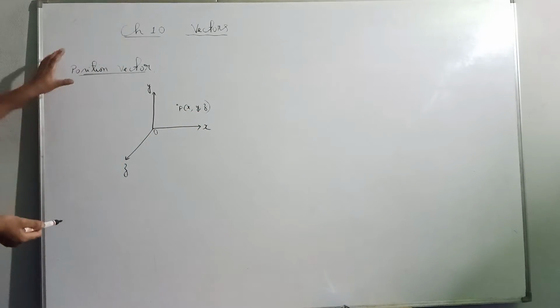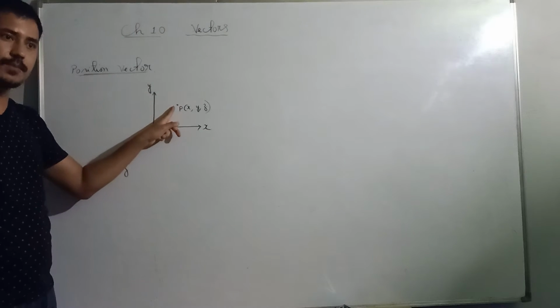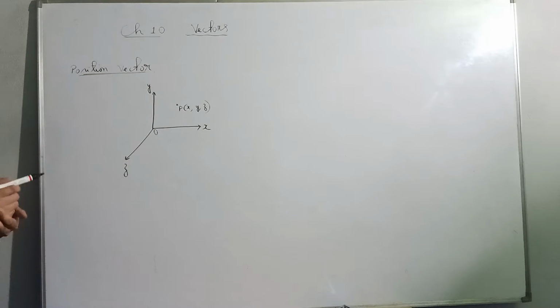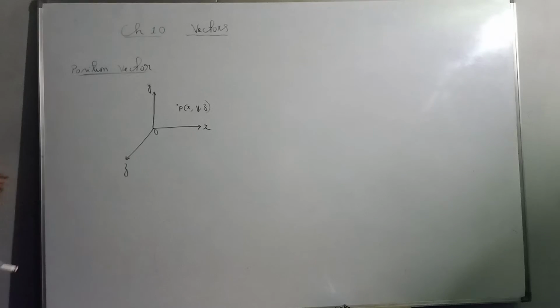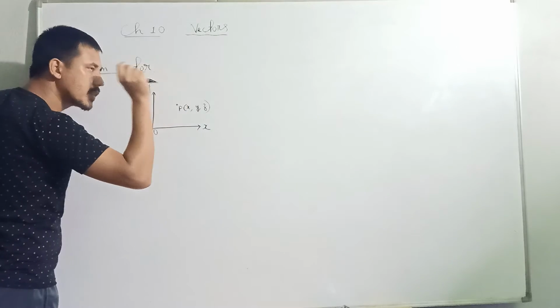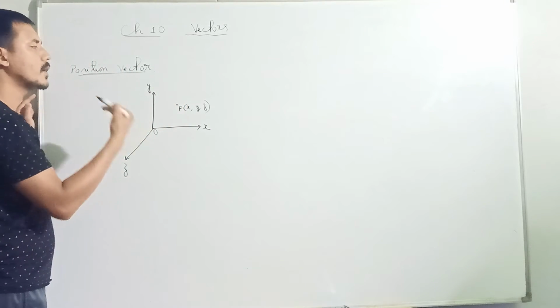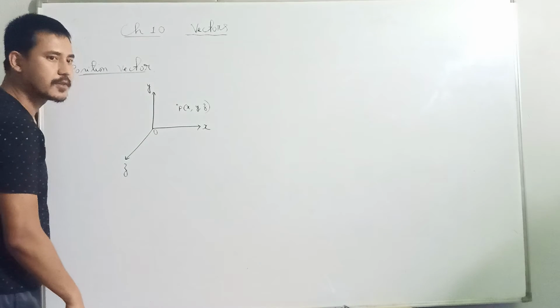So position vector is defined for a point, in this case P. The position vector of a point is defined as the position of that point when measured from the origin.